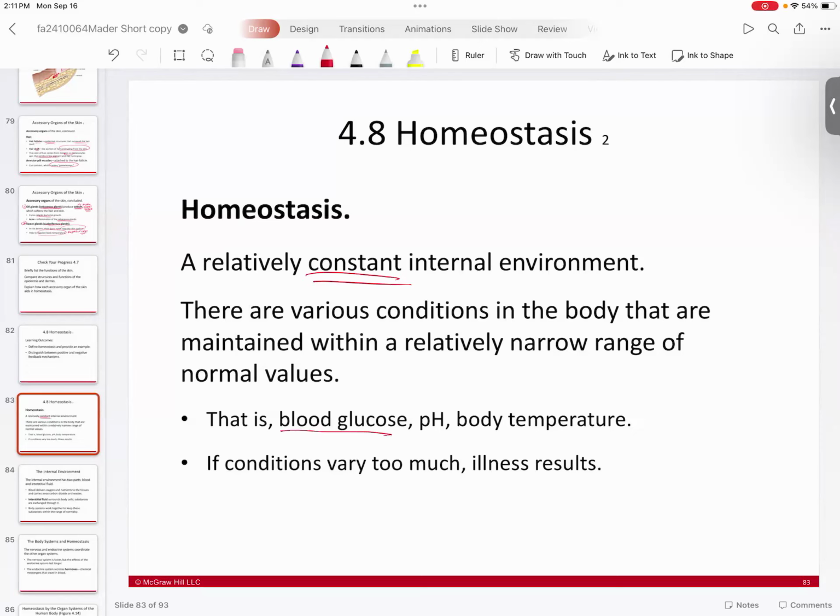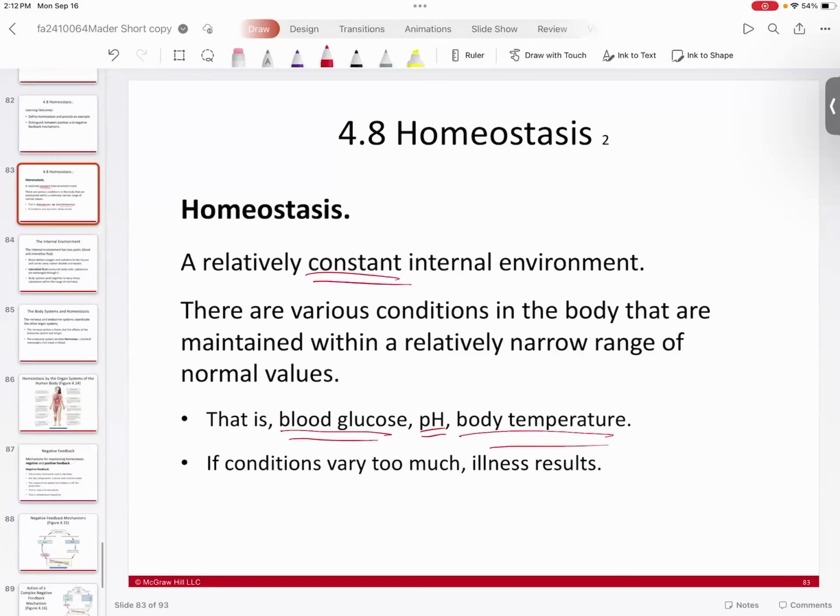For instance, blood glucose is constantly regulated to maintain a constant level. Your pH is regulated to maintain a constant pH. Your body temperature, which is around 37 degrees C, is maintained homeostatically at a constant temperature. Generally speaking, if we get out of these homeostatic norms, bad things happen.